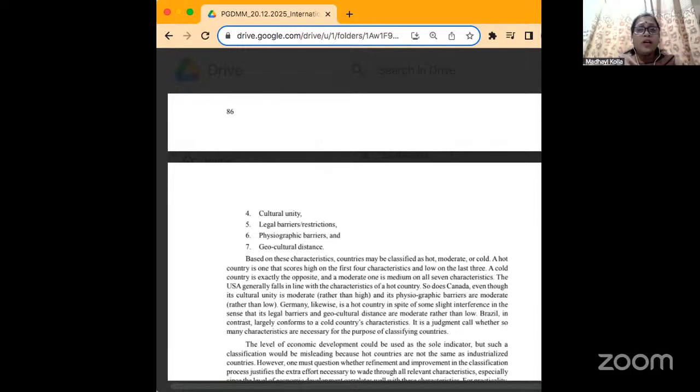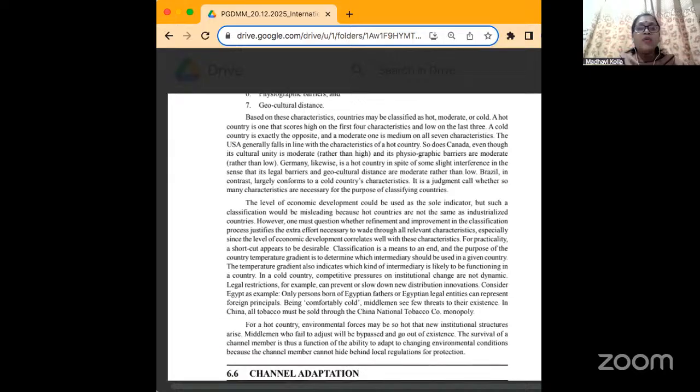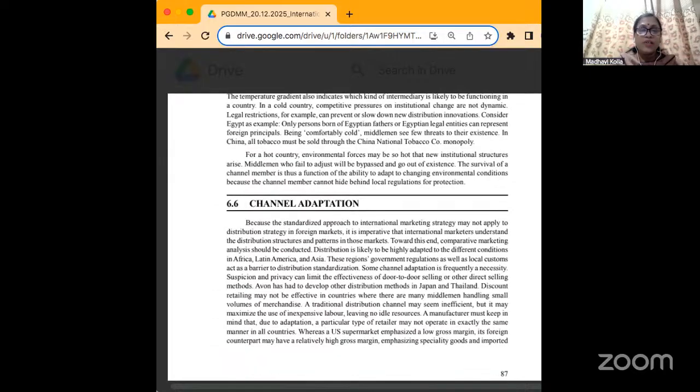We talked about NATO, North American Treaty Organization, where they have their own set of rules, or the European bloc, which has its own cultural unity, which also affects how trading is done across those countries. So there can be legal barriers or restrictions, physiographic barriers, and also geographic considerations.